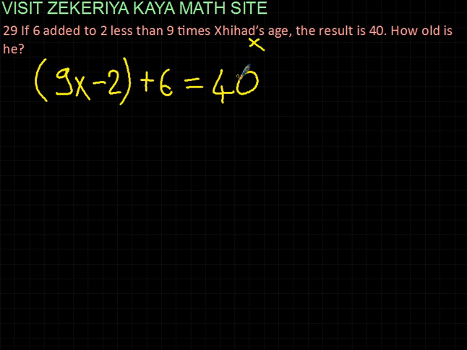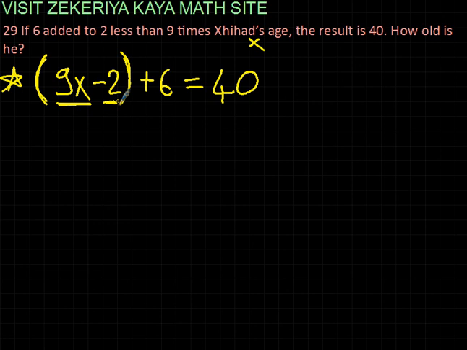Now, the most important part, how to get this equation. Try to understand the steps. Firstly, I made 6 added to. We will add 6 to something, which we don't know, inside the parentheses. What is that thing? 2 less than 9 times Jihad's age. Inside the parentheses, 2 less than 9 times Jihad's age.